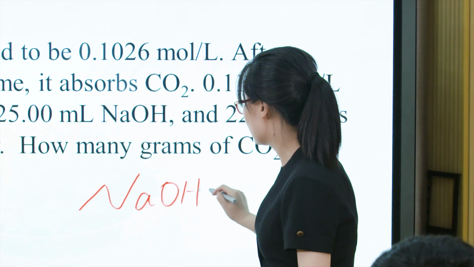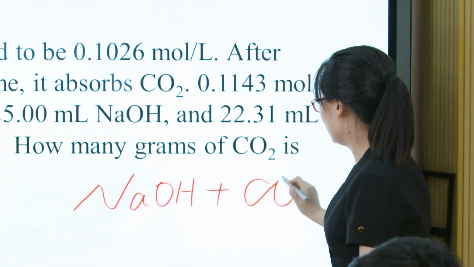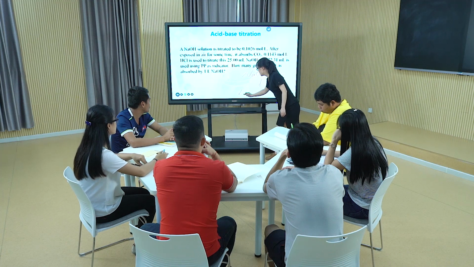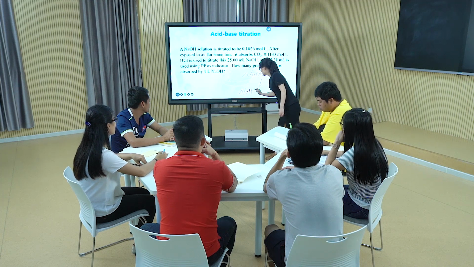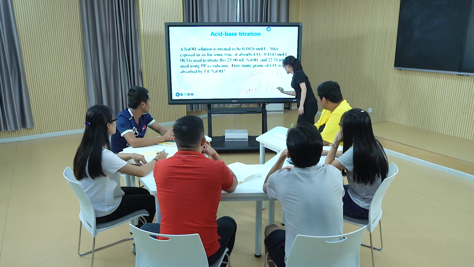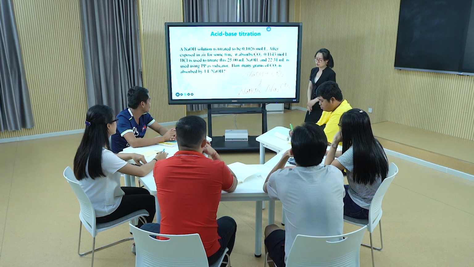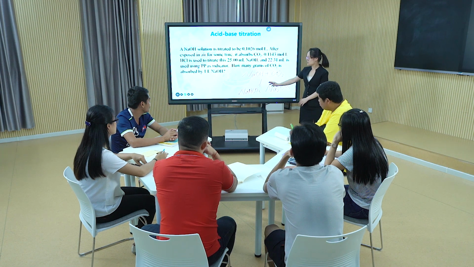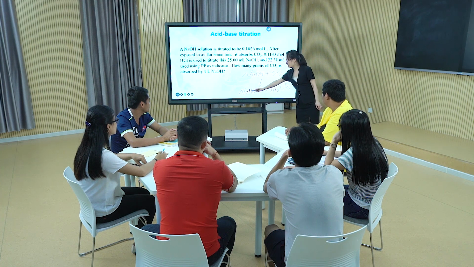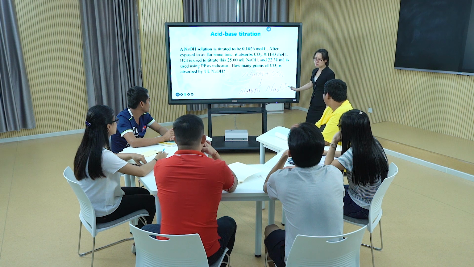NaOH plus CO2. What's the product, right? Just now you said NaHCO3 and Na2CO3. So now let's continue to look at these two products. NaOH and CO2, two products, NaHCO3 and Na2CO3.